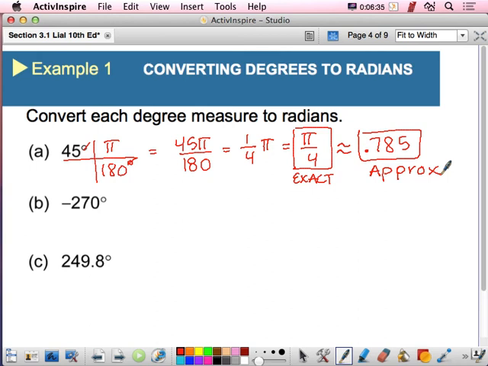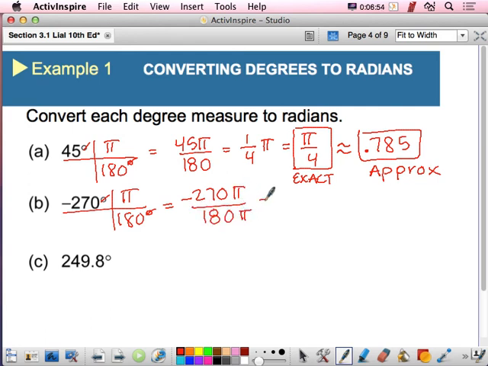Okay, let's look at negative 270 degrees. Negative 270 degrees multiplied by pi over 180. Cancel the degree marks, and we're really left with negative 270 pi over 180.